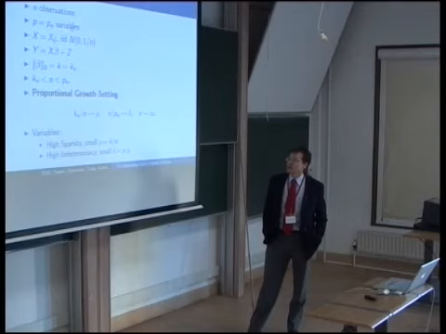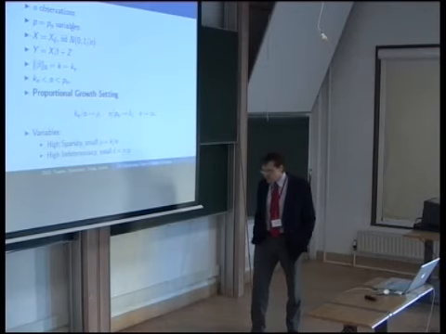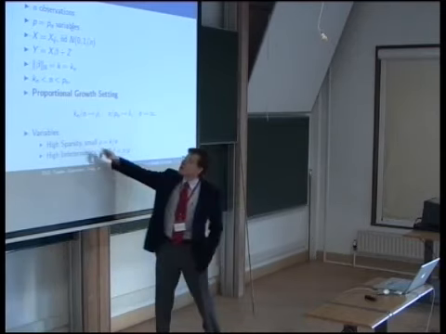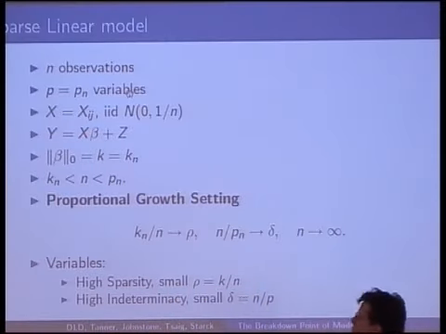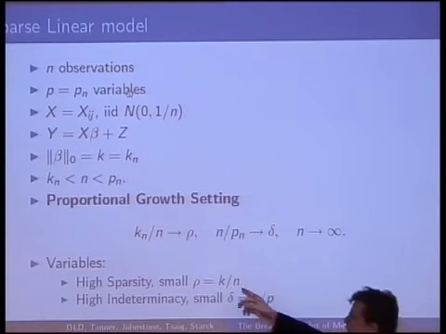I'll talk about this proportional growth setting where we let all three variables tend to limits in an appropriately dimension-normalized setting. And these limits have interpretations.